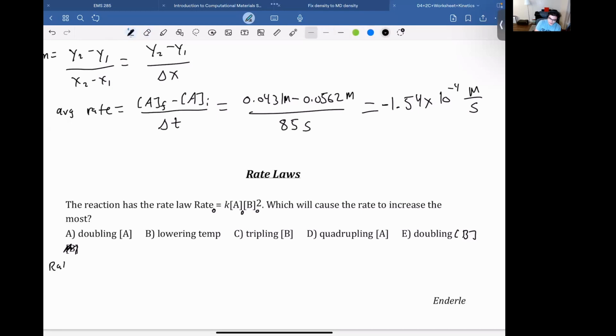So let's say I have some new rate, the K is the same, I have some concentration of A, I'm going to call it 1, some concentration of B. Well, I know the concentration of B is the same, right? Because I'm just doubling A. I know that A is twice whatever I initially had.